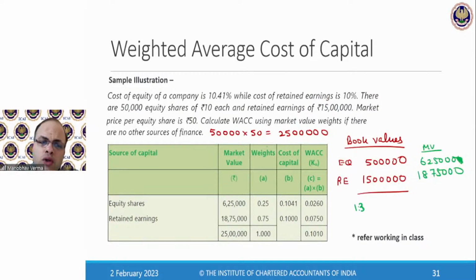You can see the cost of equity is 10.41, that's multiplied by that weight, and the cost of retained earnings is also multiplied that way to get a WACC. We are multiplying the cost of capital with the individual weights here.